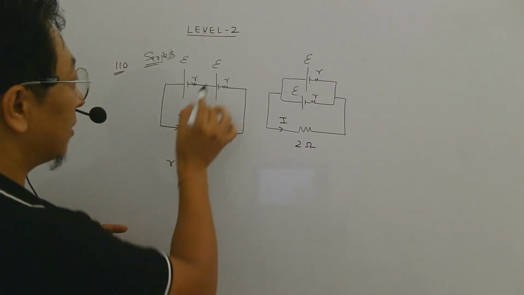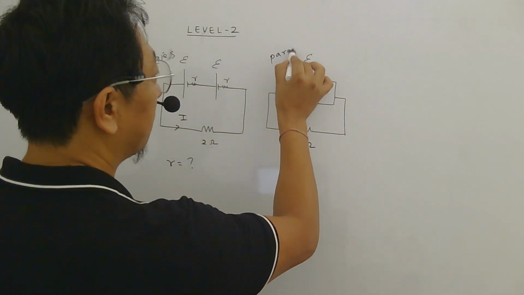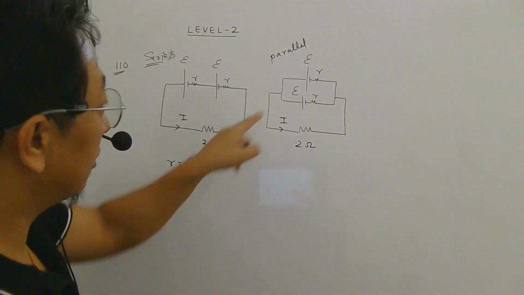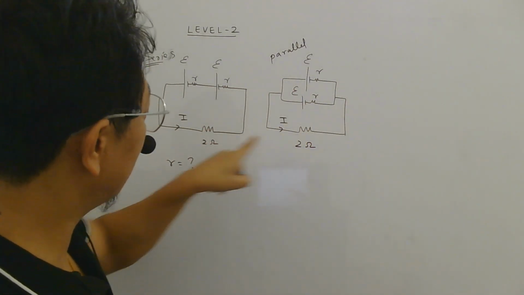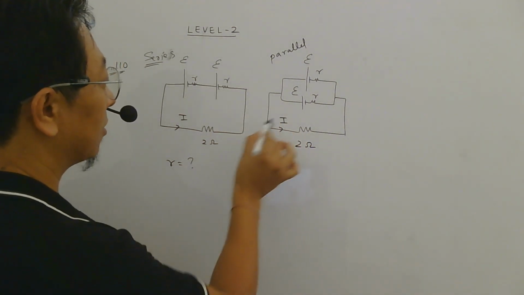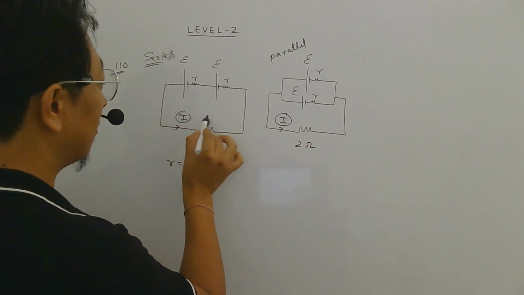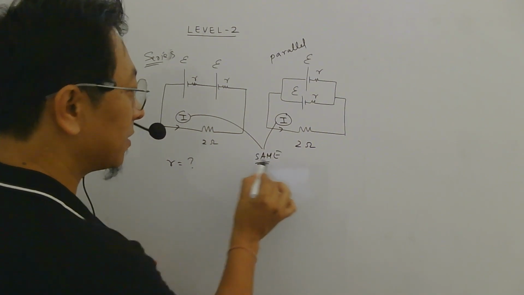Then when the same cells are connected in parallel and the combination is connected to an external resistance which is again 2 ohm, they found the same current is flowing. So this current and this current are given to be the same. Value is not given but currents are same.